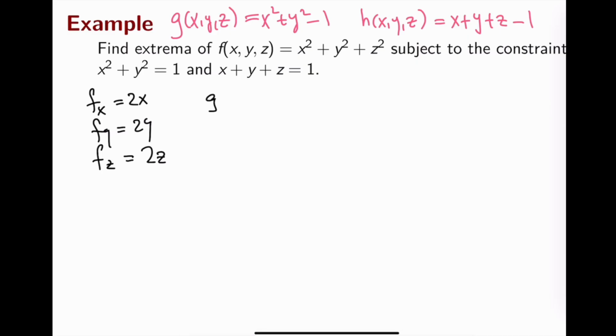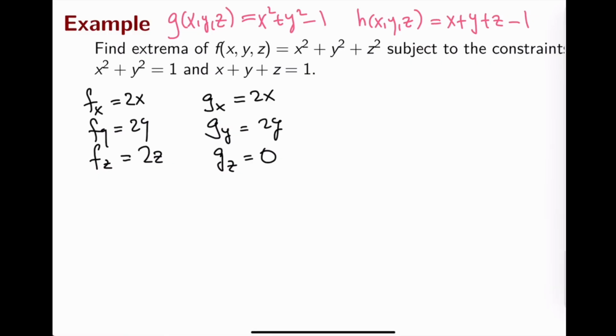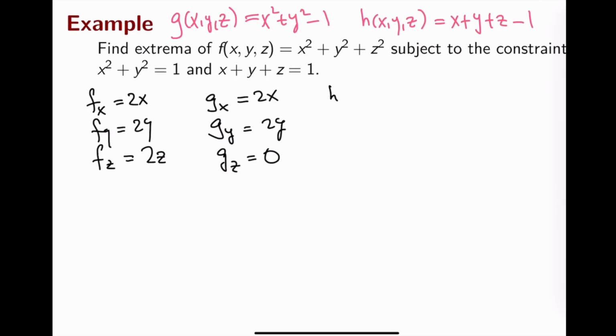The derivative with respect to x is 2x, the derivative with respect to y is 2y, and the derivative with respect to z is 0. There is no variable z there. And then we do the same with the function h. The derivative of h with respect to x is 1, with respect to y is 1, and with respect to z is 1 too.